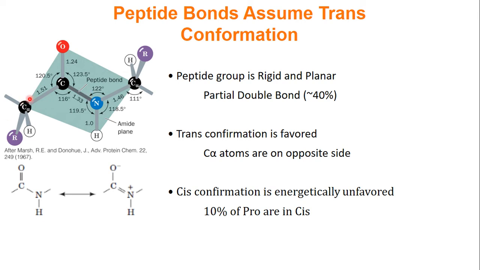If, on the other hand, this carbon alpha was up here and the side chain was pointing up, that is, it looked like this amino acid but on the other side, we would call that cis conformation. And the majority of proteins are in this trans conformation. Your one exception being proline. 10% of proline residues are actually found in the cis conformation, but everything else is going to be in this trans conformation.